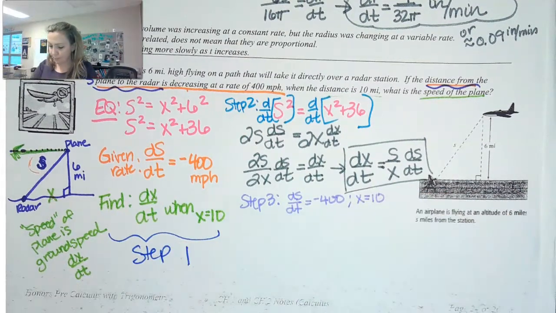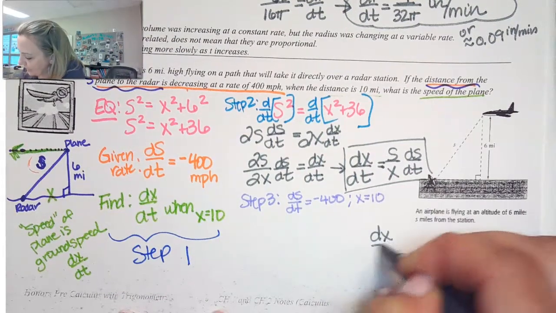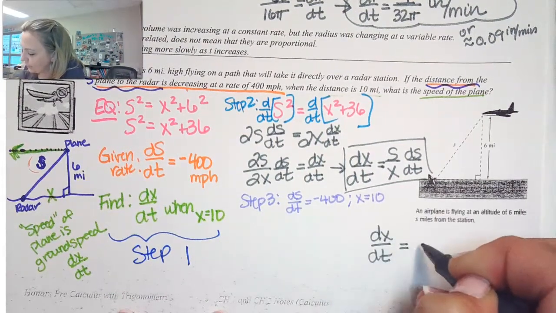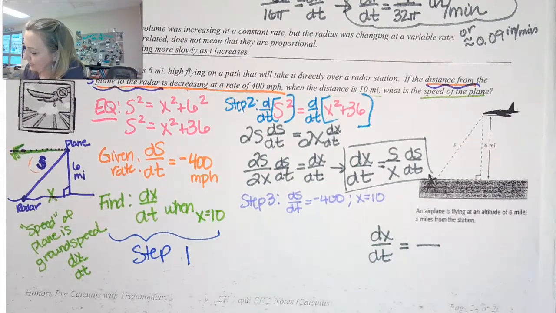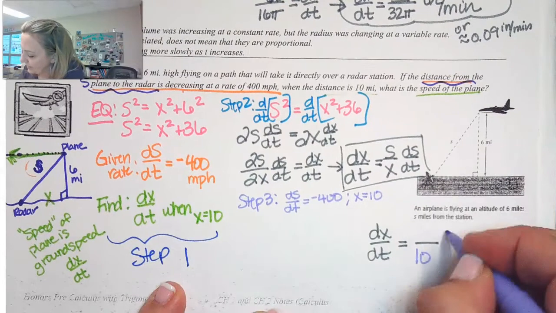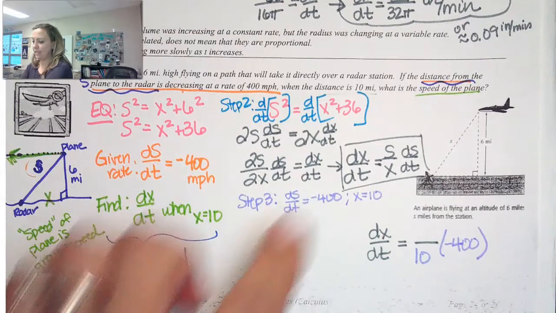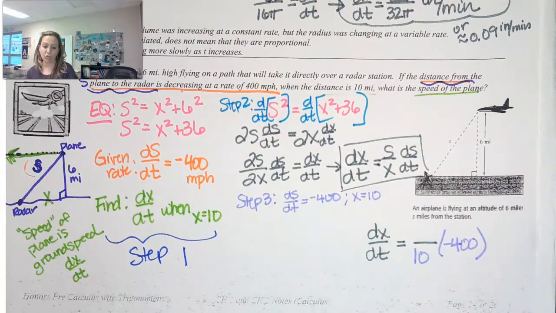So if I started to put that in, I have dx/dt equals s over x times this negative 400. So I'm just putting that in.